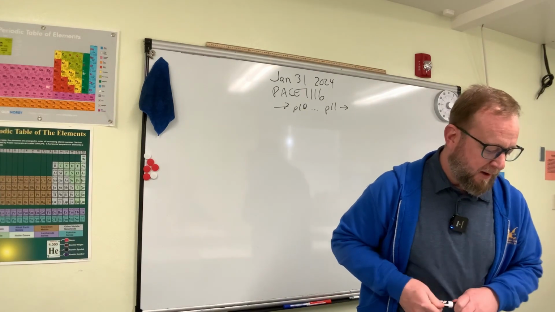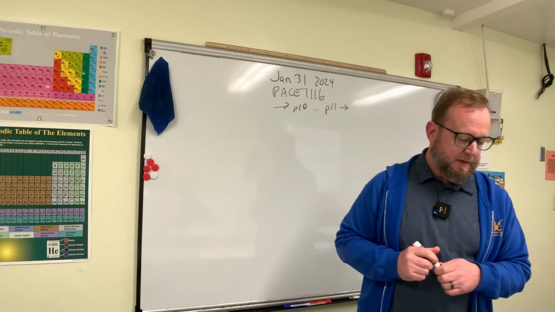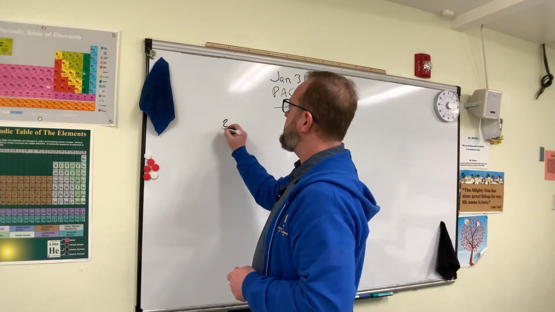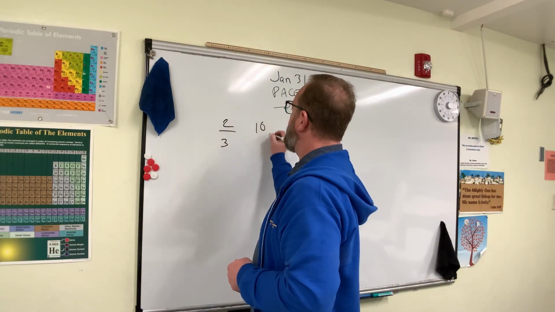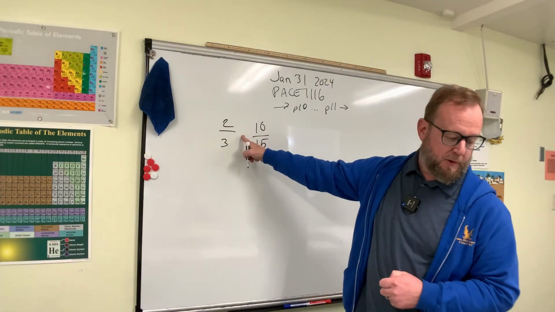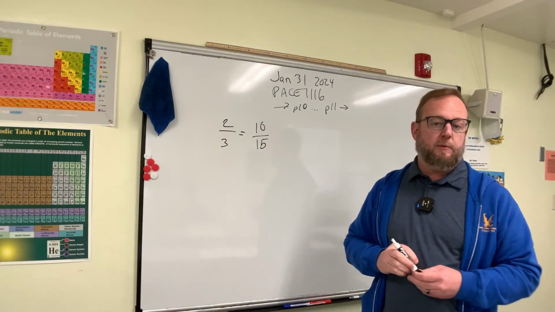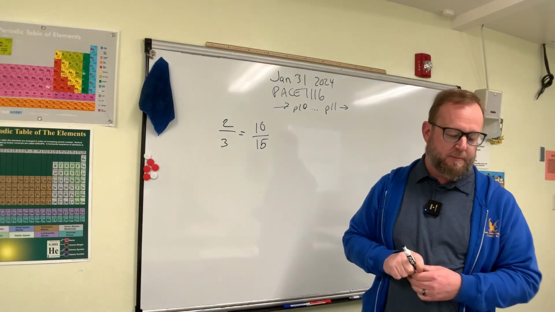If you look at number 9, you see 2 over 3 and 10 over 15. Could that be set as a proportion? In other words, could you write an equals in between, that these would be a proportion?